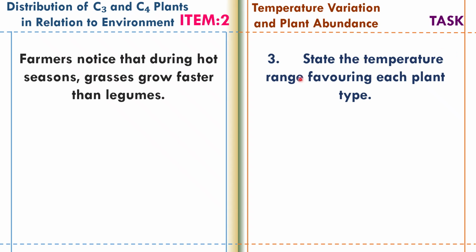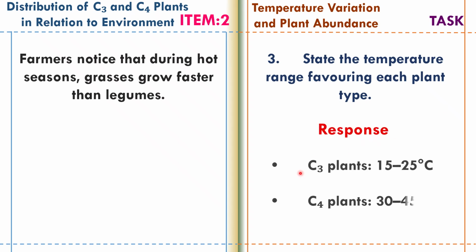State the temperature range favoring each plant type. C3 plants 15 to 25 degrees Celsius. C4 plants 30 to 45 degrees Celsius.